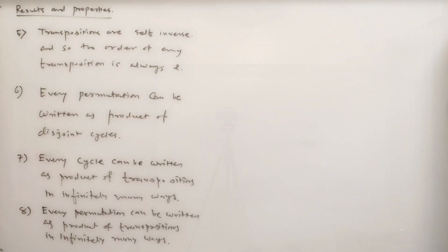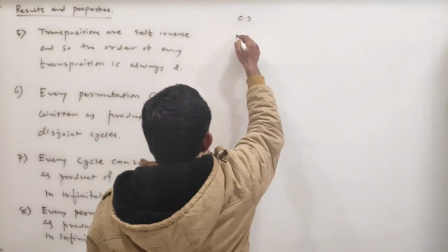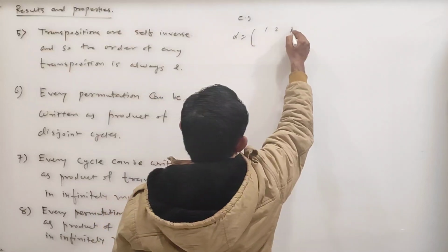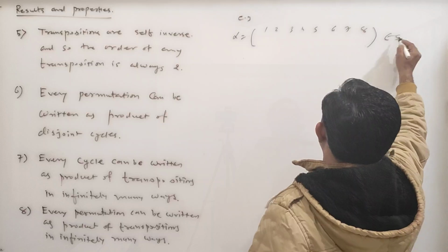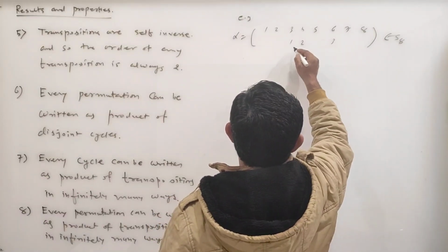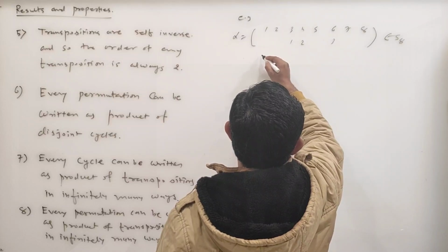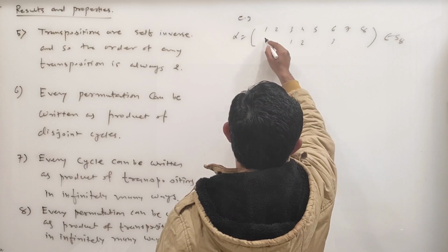एक एग्जांपल देख लेते हैं। See, for example, you consider, say, alpha is equal to 1 2 3 4 5 6 7 8 over 6 4 1 2 7 3 5 8, which belongs to S8.